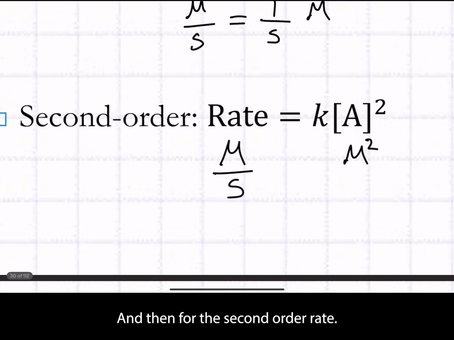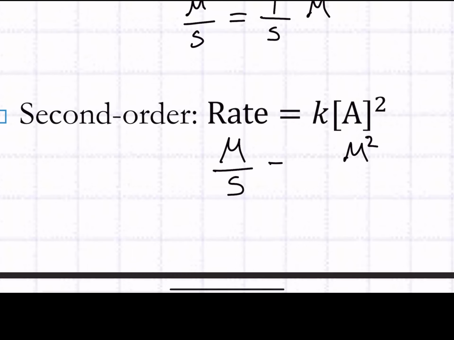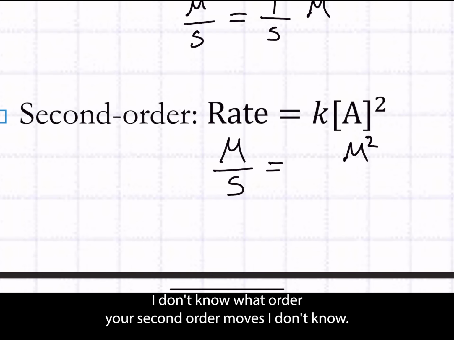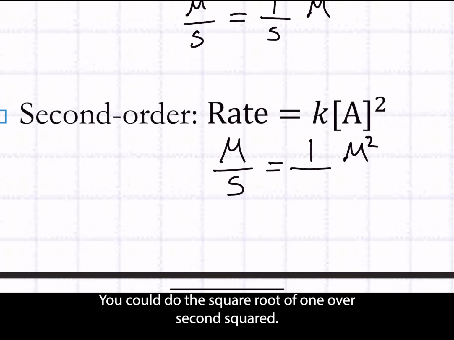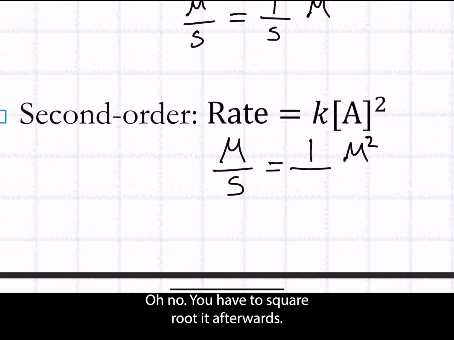And then for the second order rate, 1 over second squared... no, 1 over second... you have to square root it afterwards.